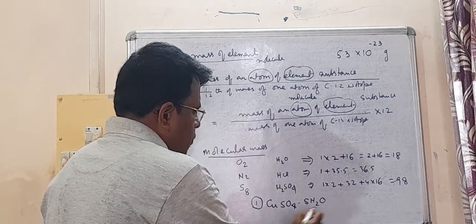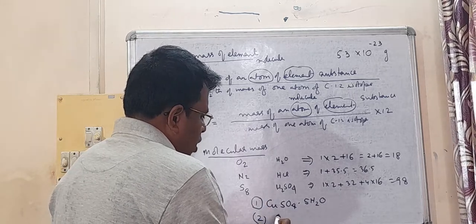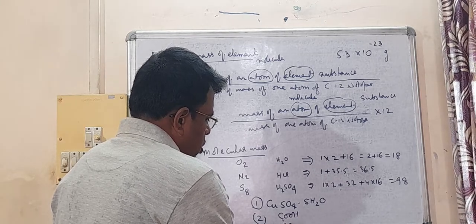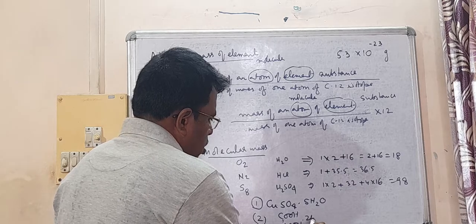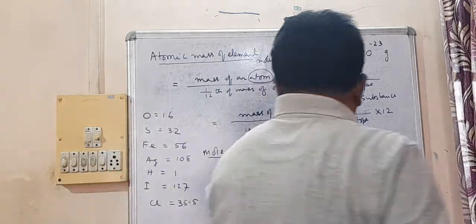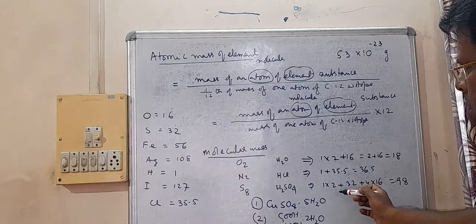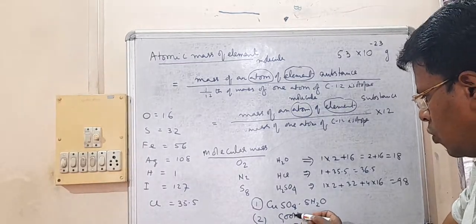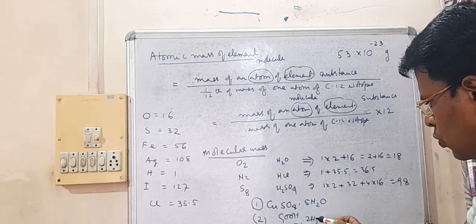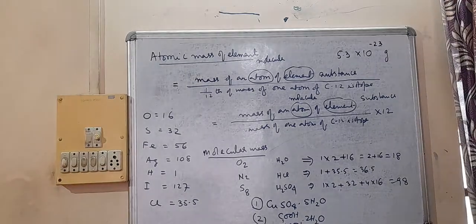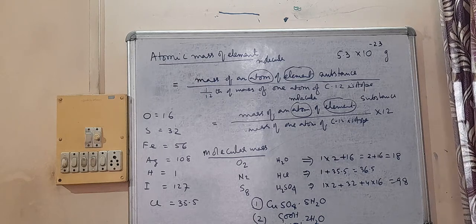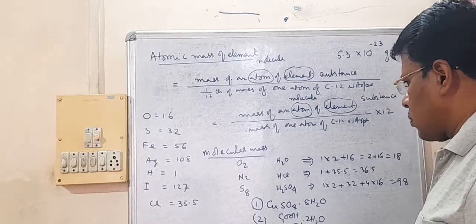This is called copper sulfate pentahydrate, or blue vitriol, and the next one is COOH dot 2H2O. This is called oxalic acid. So how to calculate molecular mass?